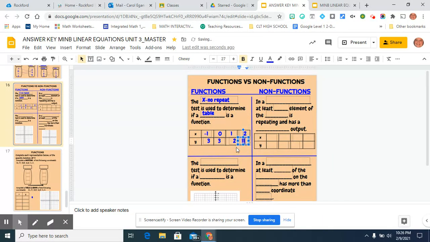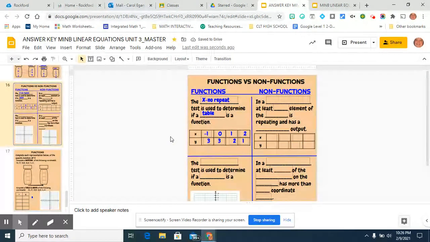So here, when I'm looking at a table, I'm not concerned with the values that are representing the y coordinates at all to determine if it's a function. I simply look at the x coordinates, and I have a -1, a 0, a 1, and a 2. And none of them are repeating. None of them are identical, so therefore, this table represents a function.